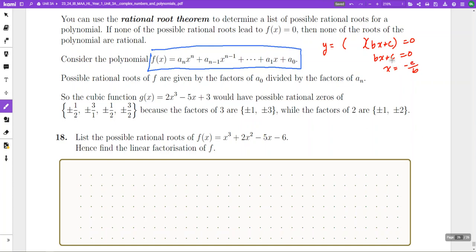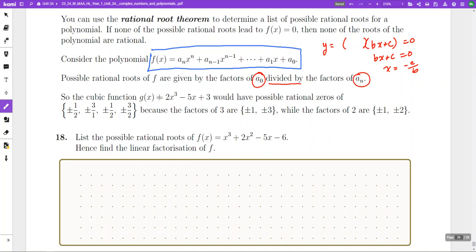Well, what does that tell us? That tells us that all of the roots that come from factors that might be written as linear factors are going to depend on something related to the constant divided by something related to the leading coefficient. So in this situation, we're going to be looking at the factors of the constant divided by the factors of that leading coefficient.